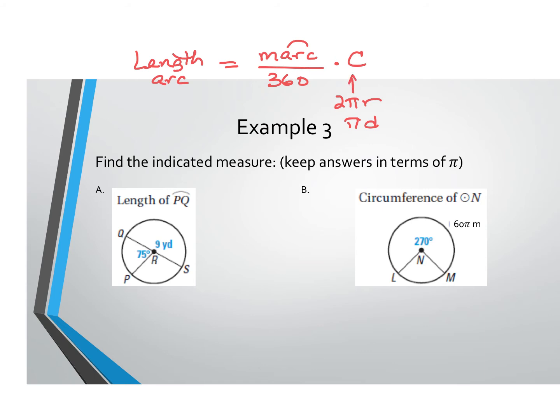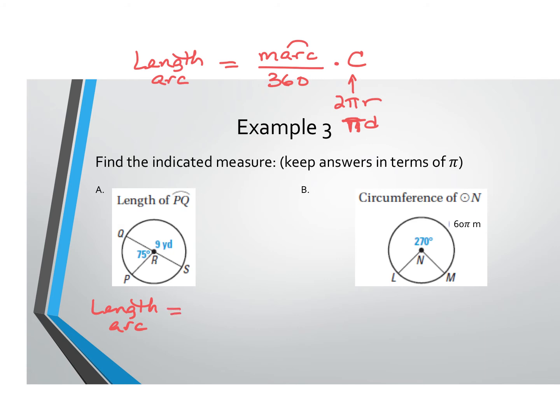So depending on what's given to you, it'll either be pi d, 2 pi r, or C. So in example A here, notice they're giving me the diameter and they want me to find the length.